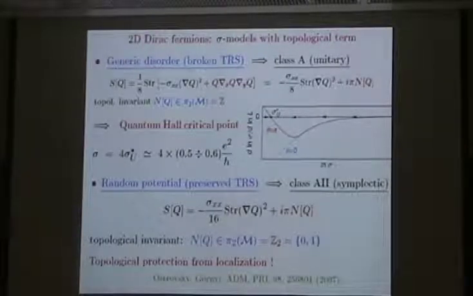And that's, again, what protects this from localization. So at the moment you decouple the valleys, they don't localize, and that's exactly the state that you also find on the surface of a three-dimensional topological insulator. So graphene with potential disorder and decoupled valleys is the same state as on the surface of a 3D topological insulator.